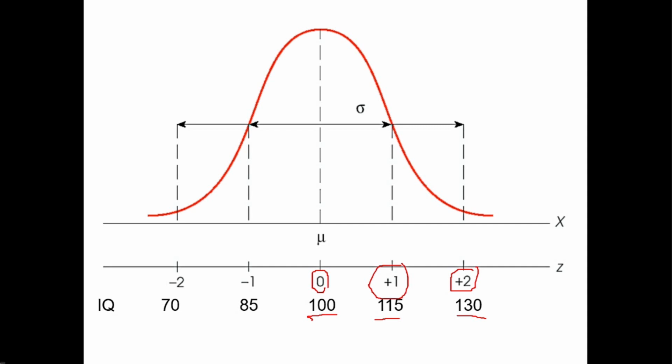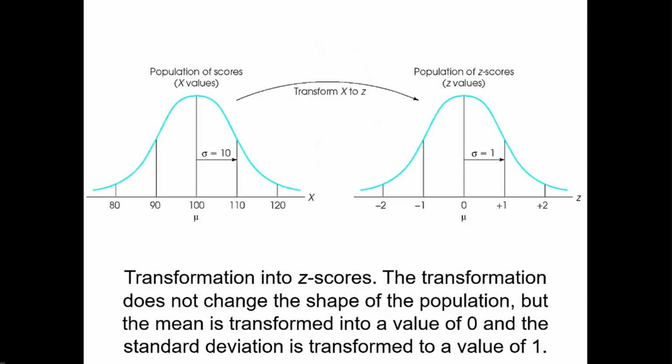So we can convert these to z-scores pretty easily if we want to. So again, here's a different distribution being converted to z-scores. In the distribution on the left, we've got a mean of 100, a standard deviation of 10, and we convert it to z-scores. Now we have a mean of 0 and a standard deviation of 1.